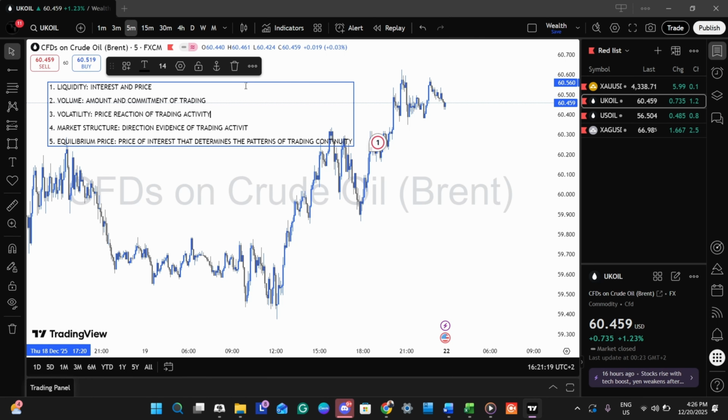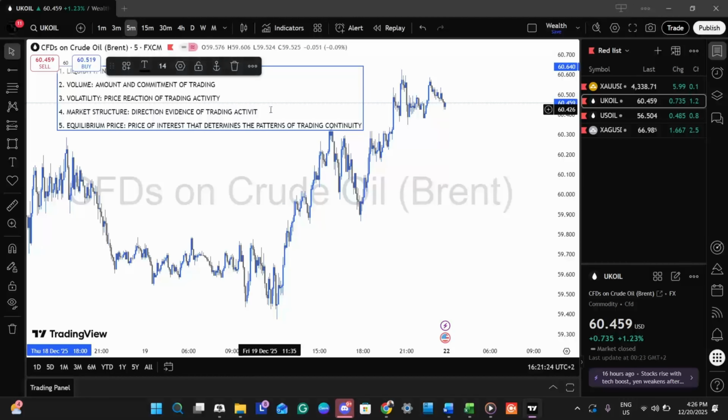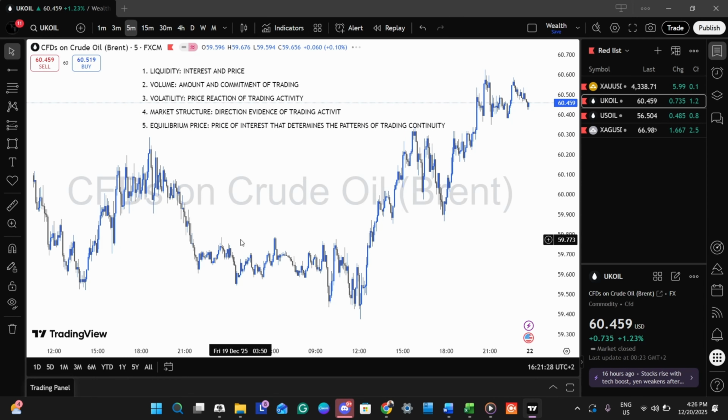So it becomes the price point of interest for people to continue buying in that particular market. This is all just economics, and I hope we're getting to some level of understanding as it relates to this.